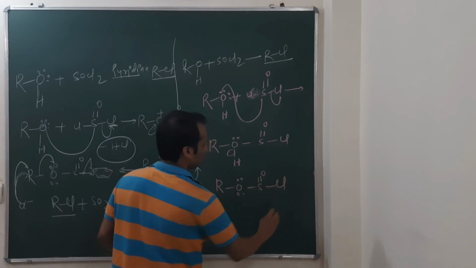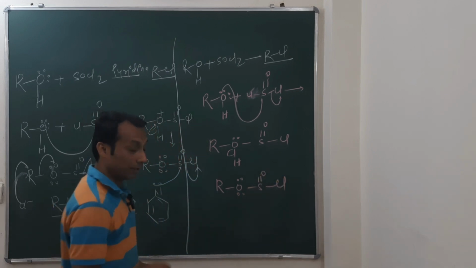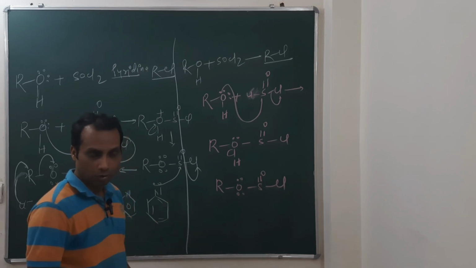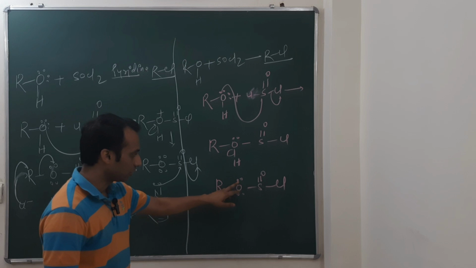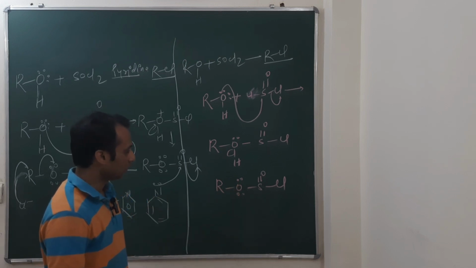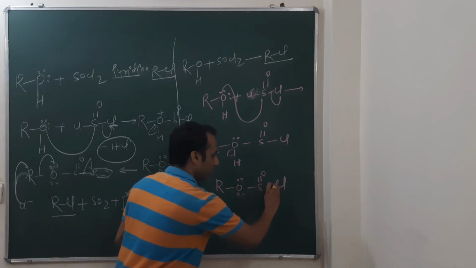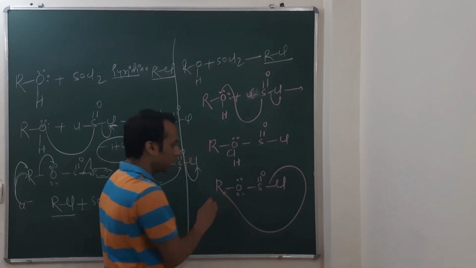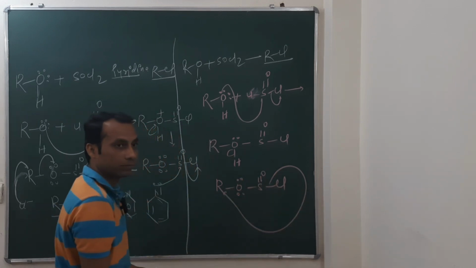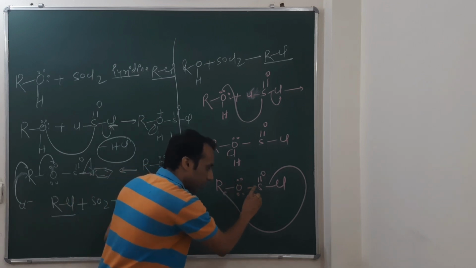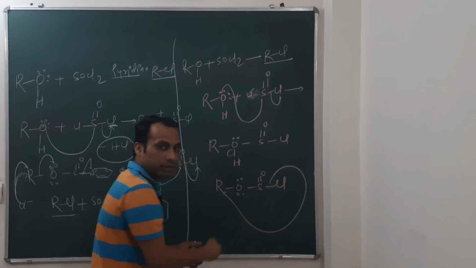Now understand. In this process, there is no pyridine. So what will happen? Oxygen has electrons. So chlorine will again leave its position and attack on the alkyl group. As soon as chlorine attacks on the alkyl group, oxygen will donate electrons to the sulfur, because sulfur has a vacant orbital.